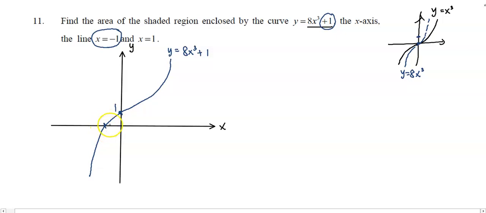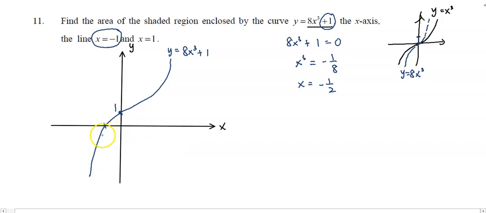So how do you get the x-intercept? You just substitute y equals 0. You have x cubed equals -1/8, so x equals the cube root of -1/8. That will be -1/2.